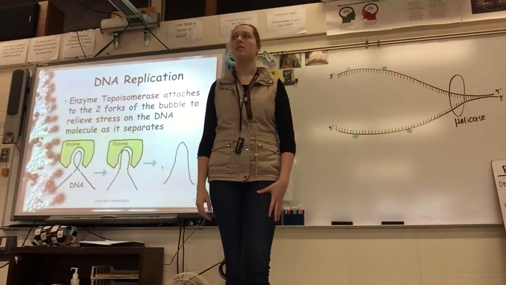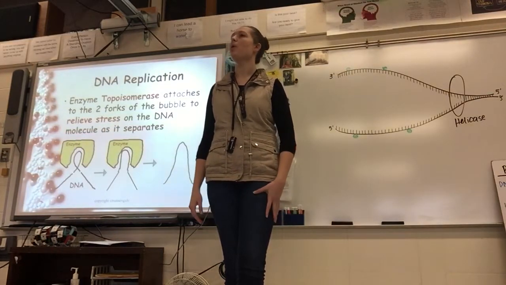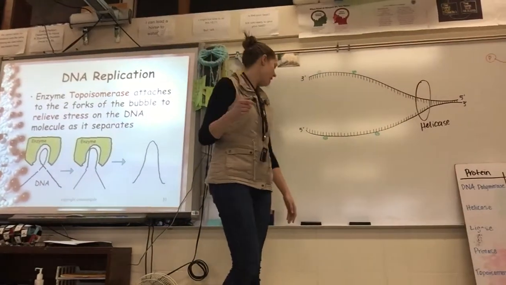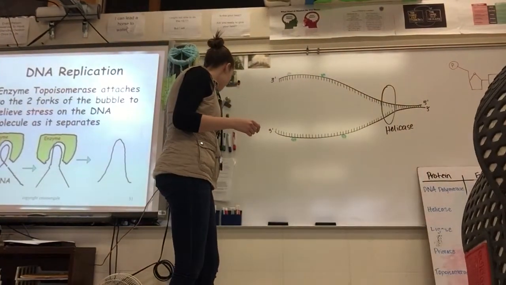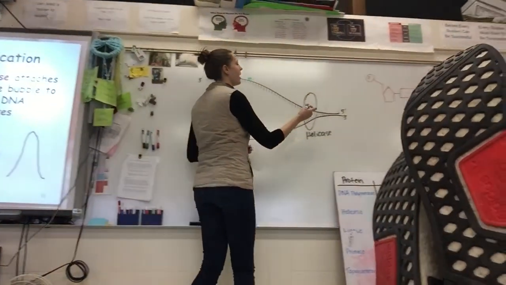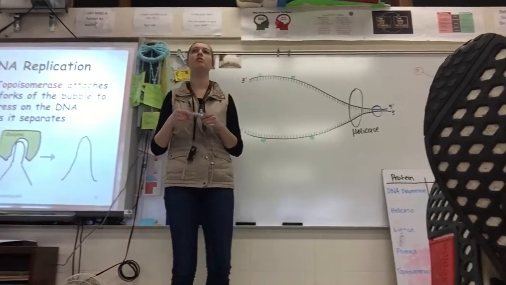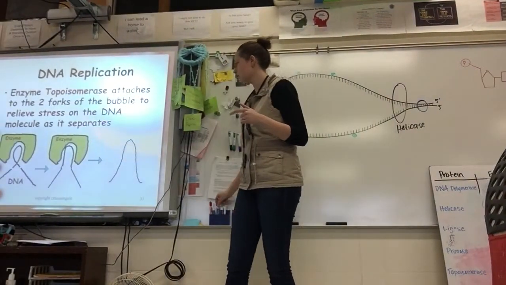The next enzyme that we're going to be talking about is called topoisomerase. Topoisomerase is a protein or an enzyme that is way out in front here. Topoisomerase's job is to unravel this DNA.